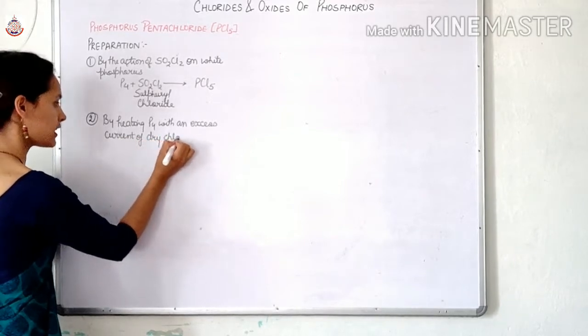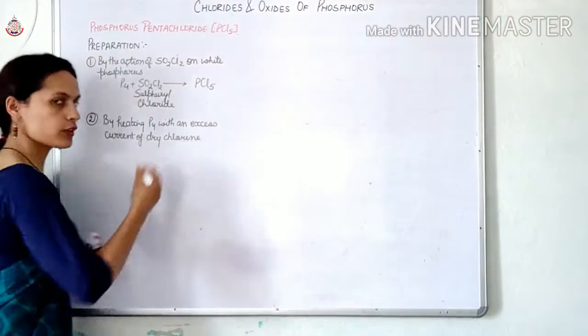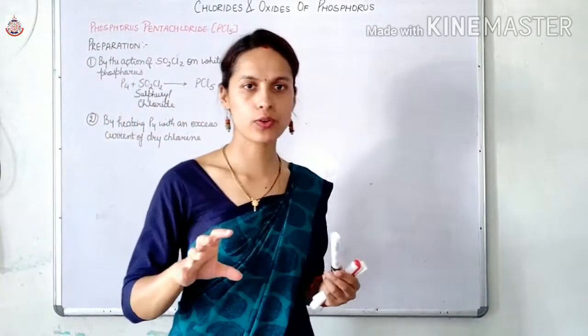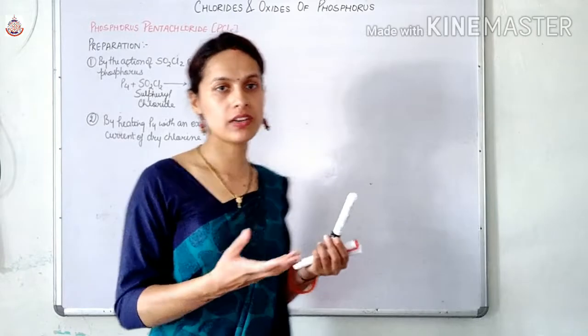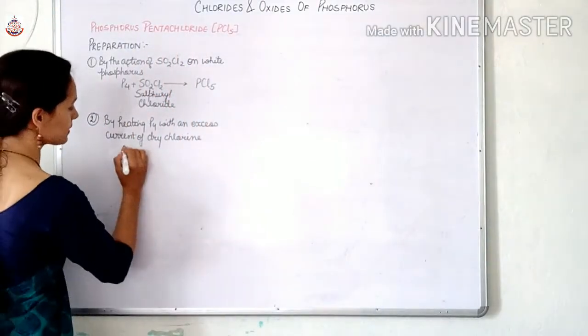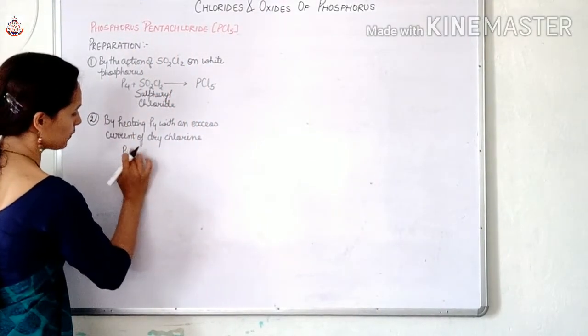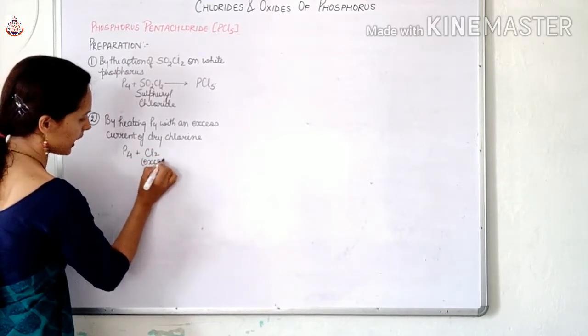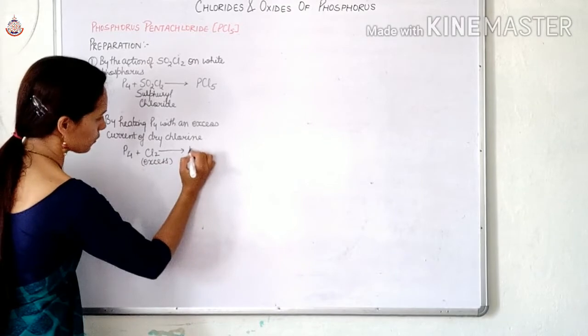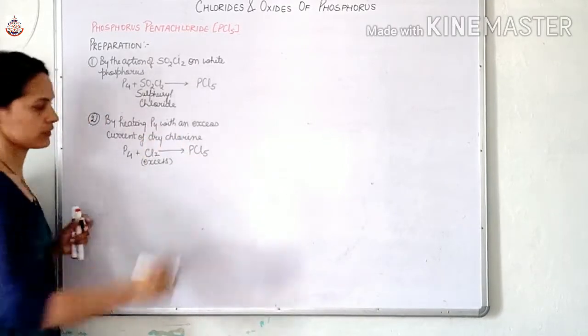If we take a limited amount of chlorine, then it forms PCl3. But if we take an excess amount of dry chlorine, then it forms PCl5. So P4 when reacts with Cl2, here Cl2 is in excess, then it forms PCl5.